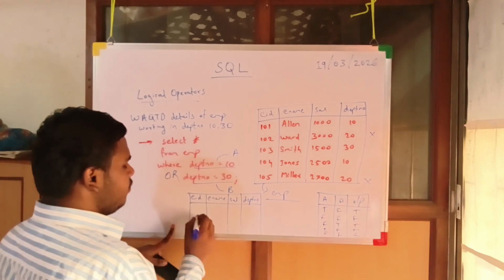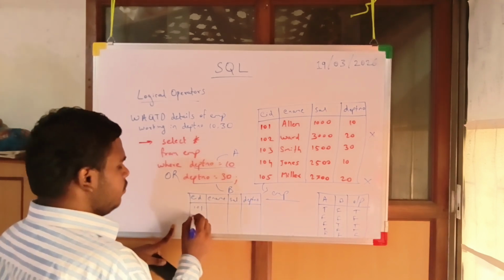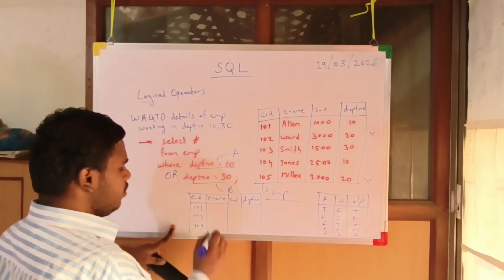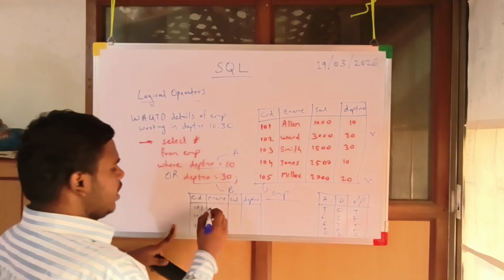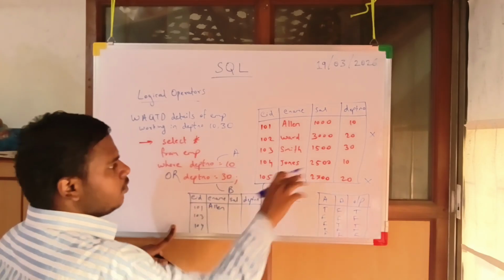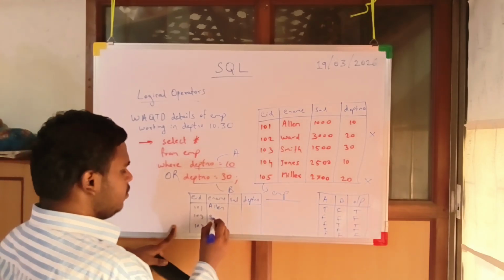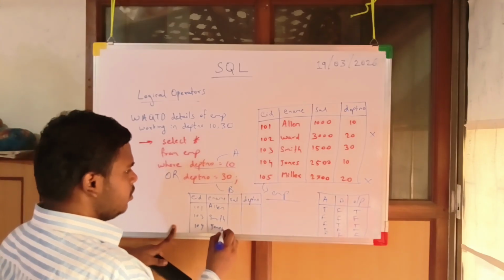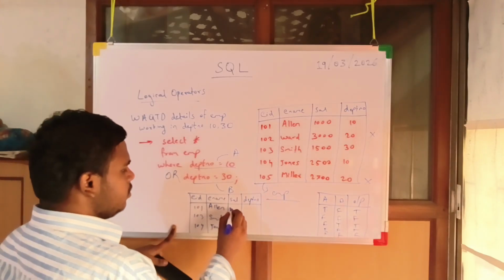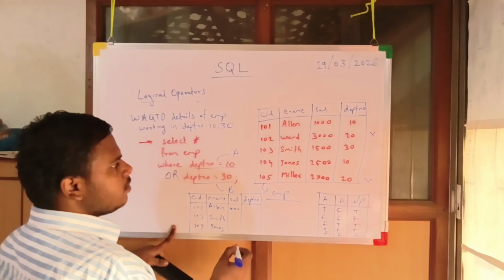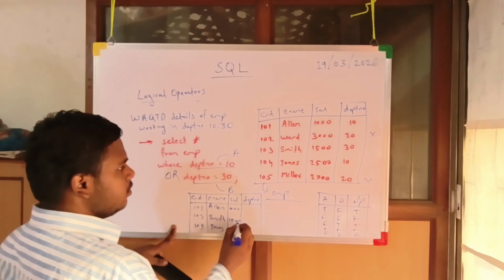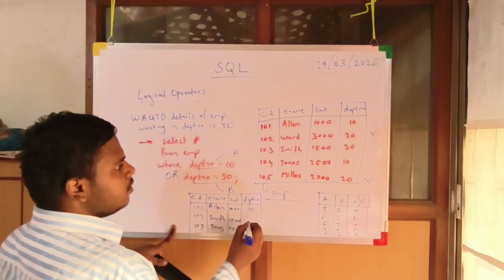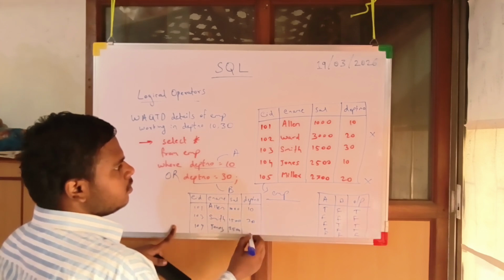Records 101, 103 and 104. 101 name was Alan, 103 name was Smith, 104 name was Jones. Salary of Alan is 1000, Smith salary was 1500, Jones salary was 2500. Department number was 10, 30, 10.